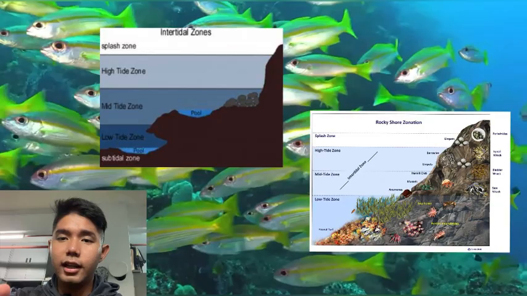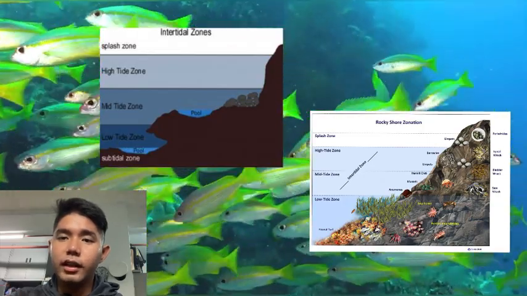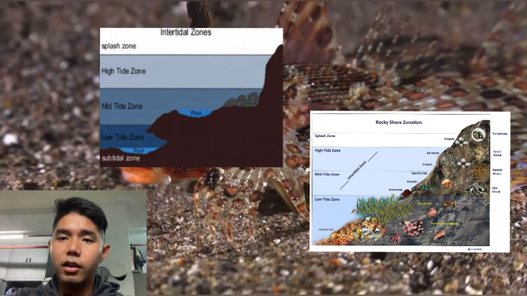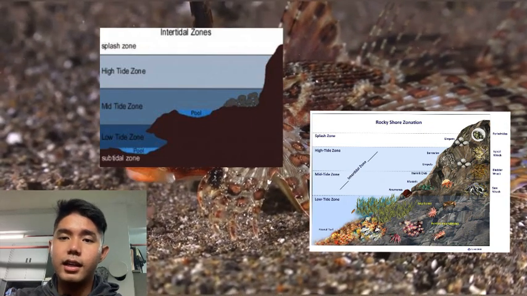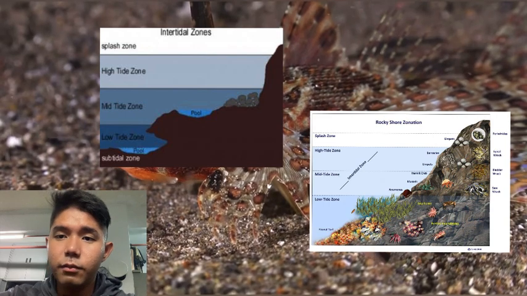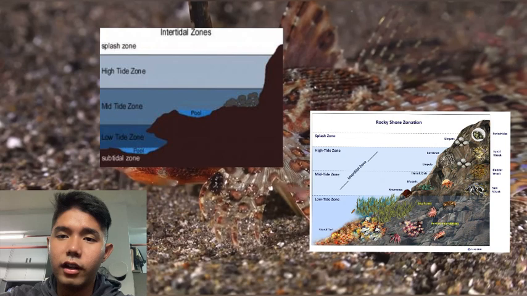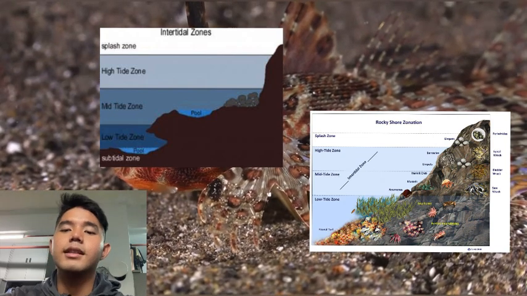It is inhabited by hardy sea life that can withstand pounding waves, such as barnacles, marine snails, mussels, limpets, shore crabs and hermit crabs.